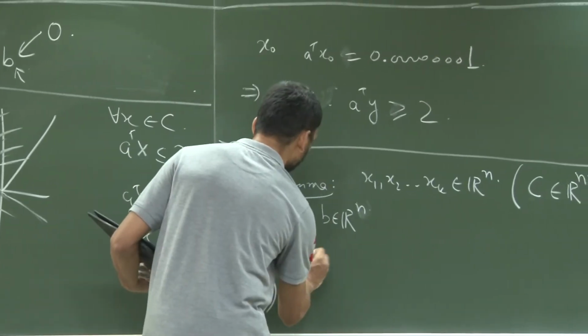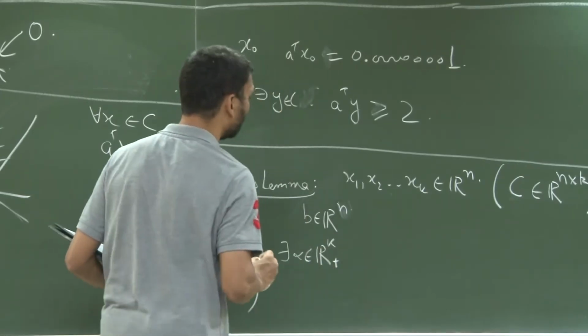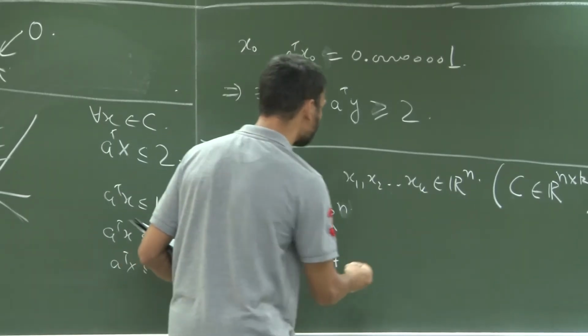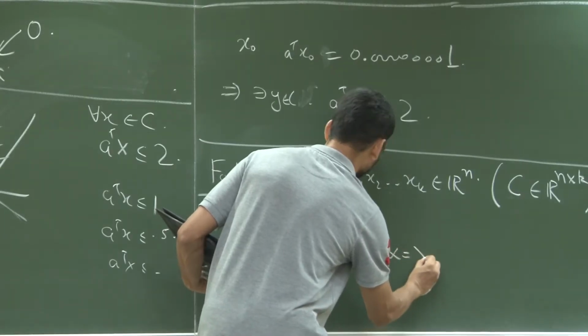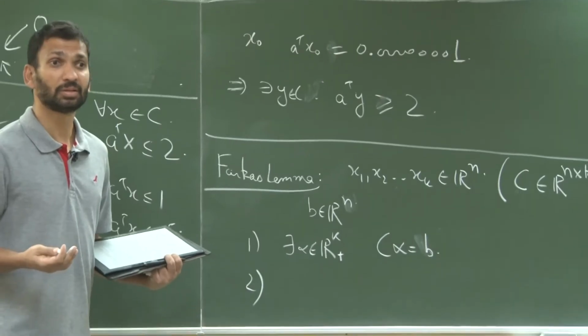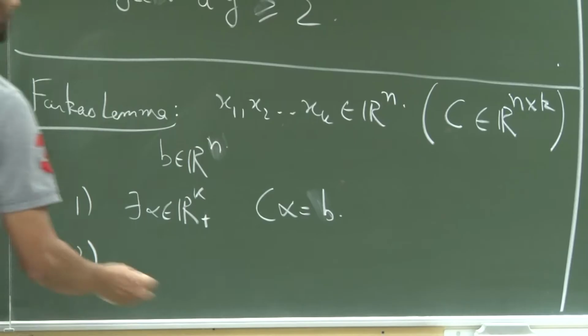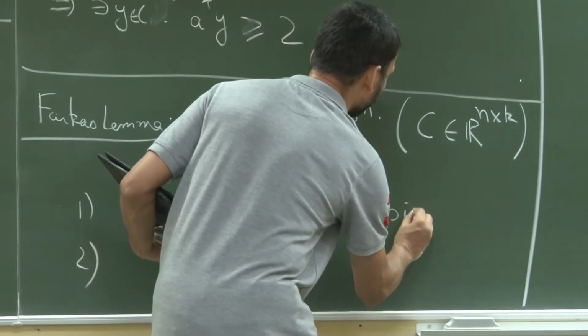Either there exists a linear combination of these things, that means b is in the cone. This line is saying b is inside the cone.